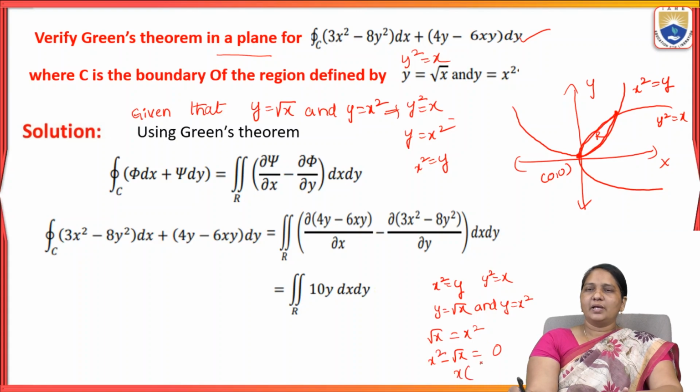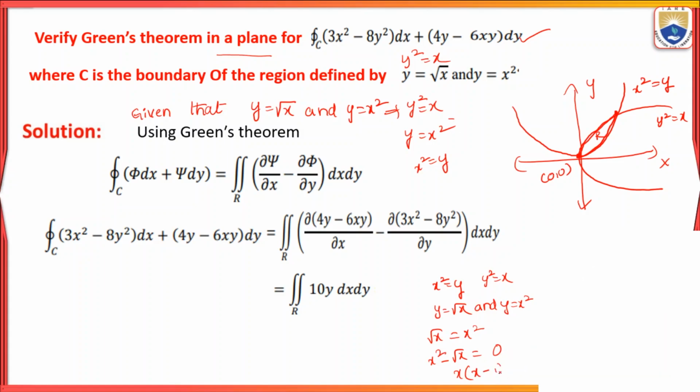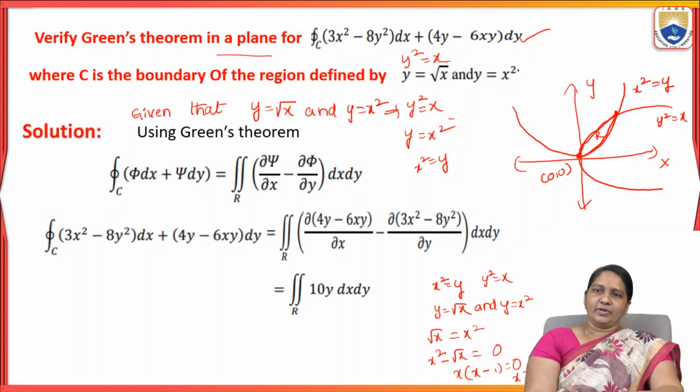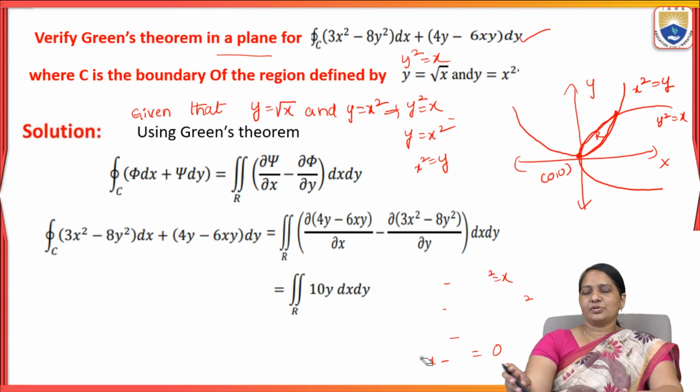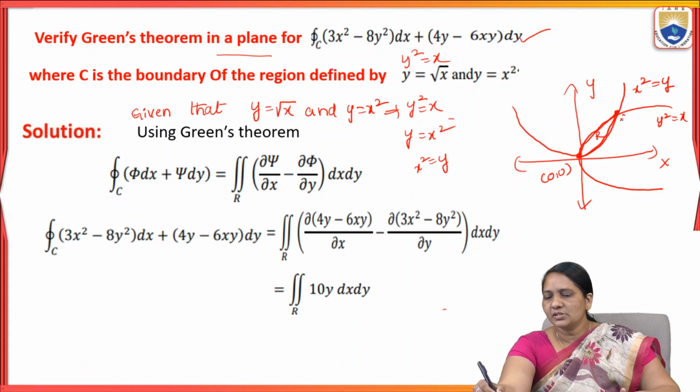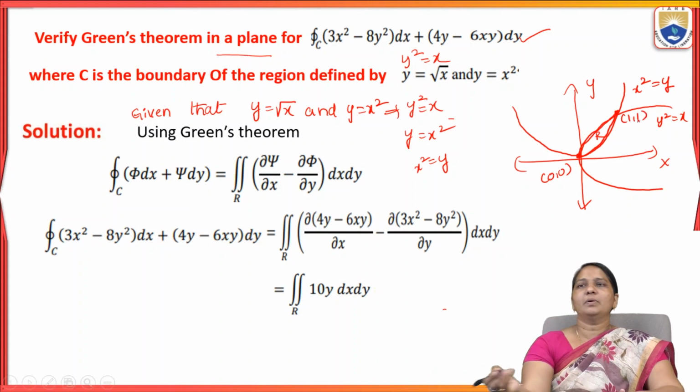Taking x common, x times (x to the power 3/2 minus 1) equal to 0. So x equal to 0 and x equal to 1. If x equal to 0, we get y also 0. If x equal to 1, y also 1. So now we are getting the intersecting points, same as in the previous problem. So this is 1 comma 1.